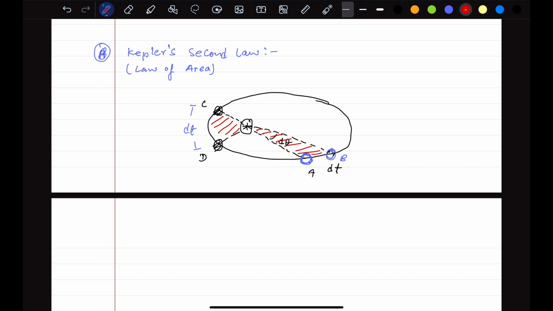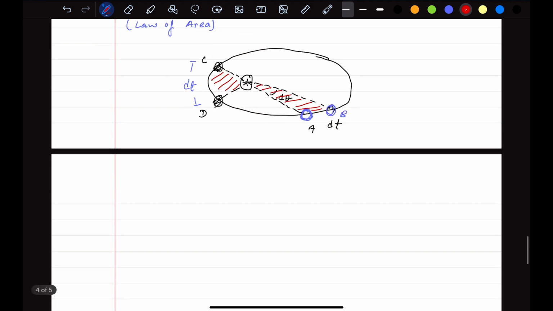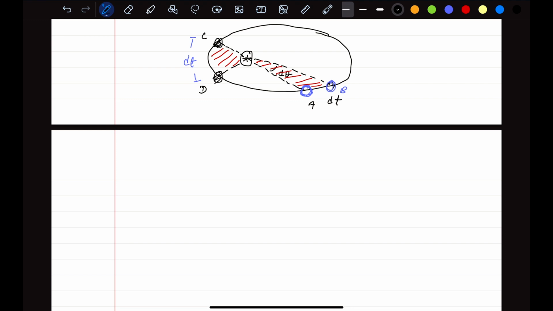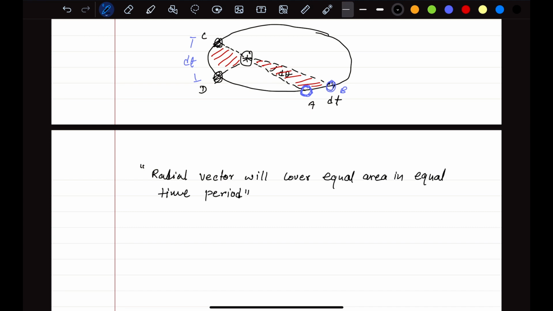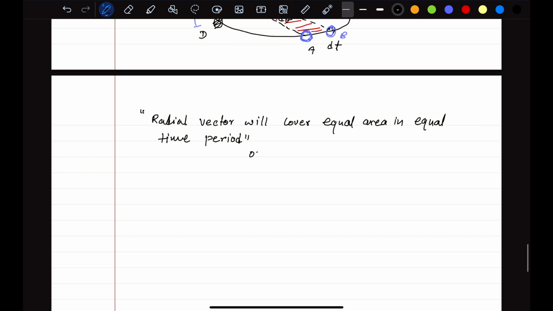Now according to Kepler's second law, the area covered will be equal. Let me write down the statement of the second law. According to Kepler's second law, the radial vector will cover equal area in equal time period, or we can say that for the equal time period the area covered by the radial vector will be equal.